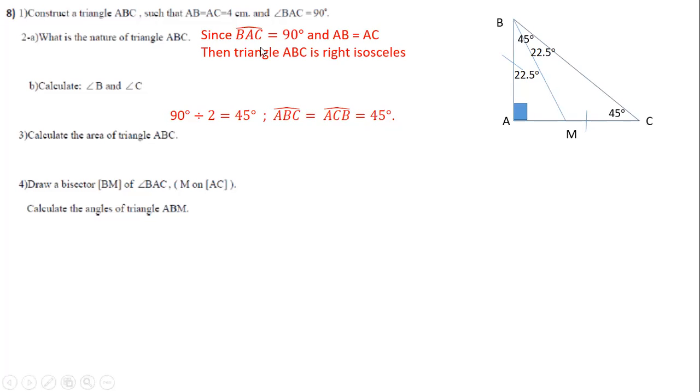Now we should calculate angle B and angle C. In a right isosceles triangle, this angle is equal to 90 degrees. So this and this both will also be 90 degrees. Since they are equal, each angle will be how much? 45 degrees.